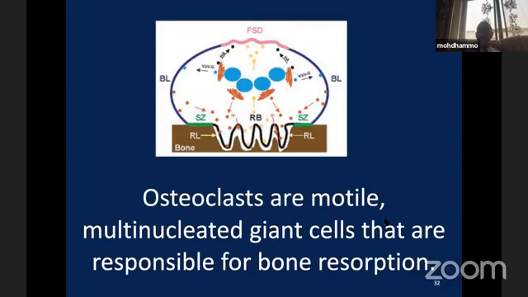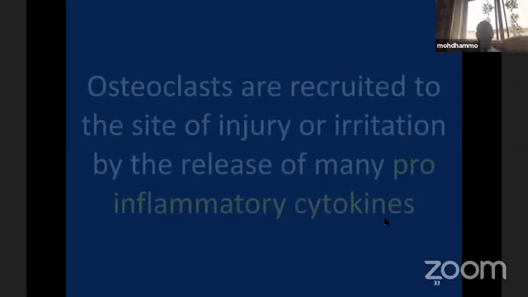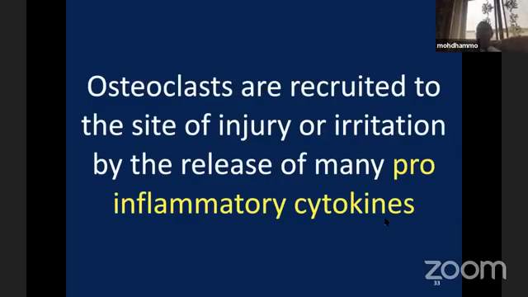They have multiple nuclei, and they are giant, and they are responsible for bone resorption or tooth resorption. So when we say osteoclast or odontoclast, it is the same function. Osteoclasts are recruited to the site of injury or irritation by the release of many pro-inflammatory cytokines.